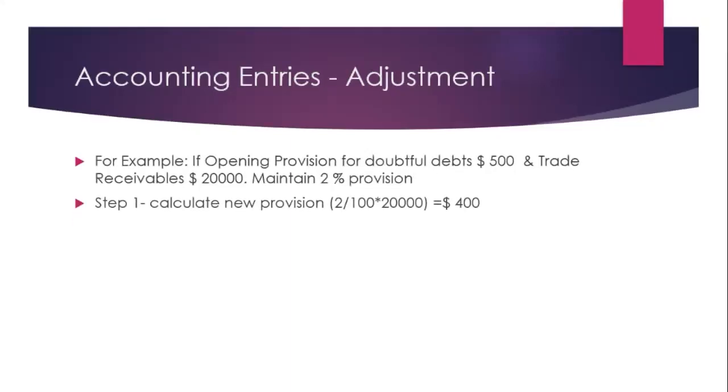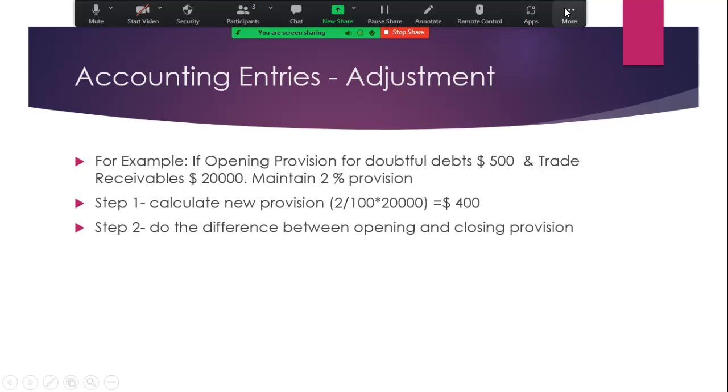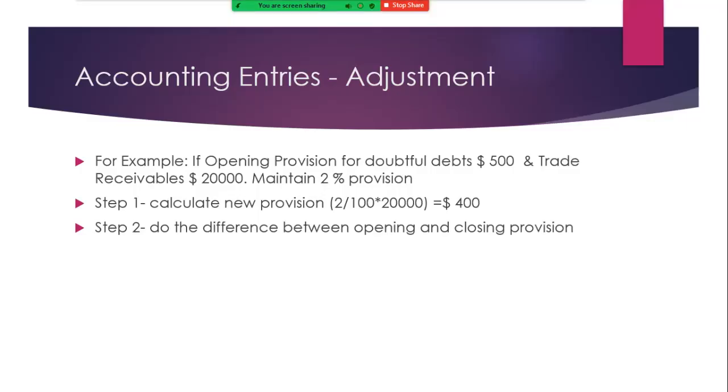Step number 1, we calculate the new provision, which is 2% times 20,000. The 20,000 is the trade receivables, which gives $400. This is my new provision. Step number 2, we find the difference between the opening and the closing provision.